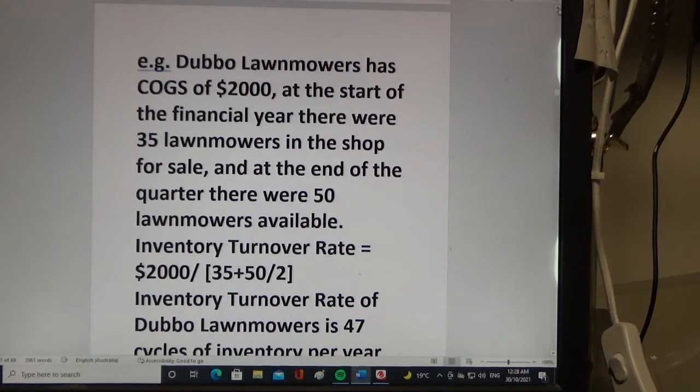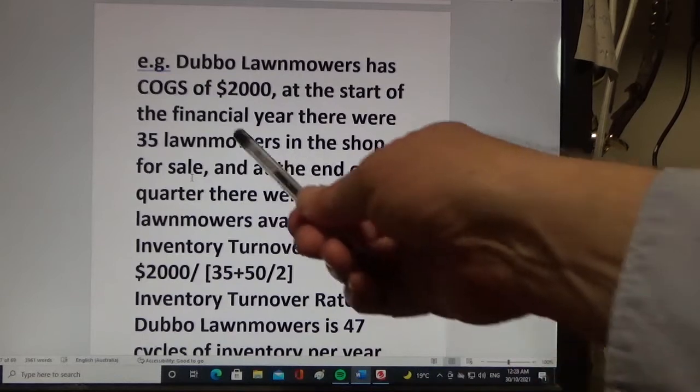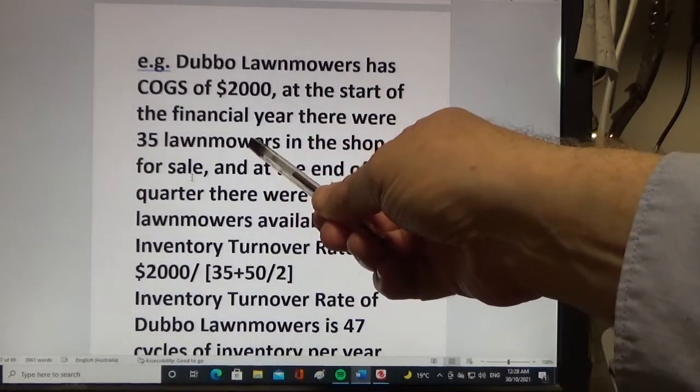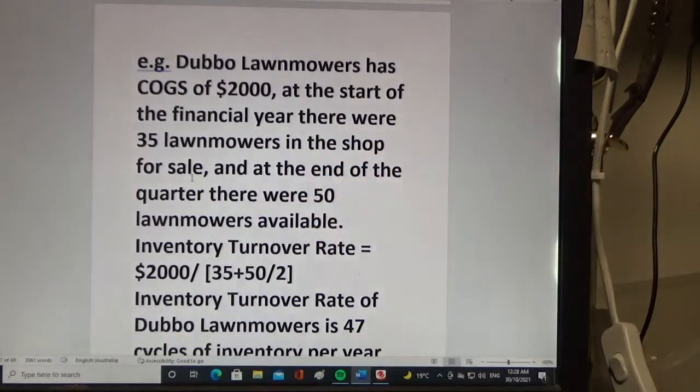So Dubbo Lawnmowers has a COGS of 2,000. At the start of the financial year, this is the September quarter, 1st of July to September the 30th, there were 35 lawnmowers in the shop, and at the end of the September quarter, September 30, there were 50 available.